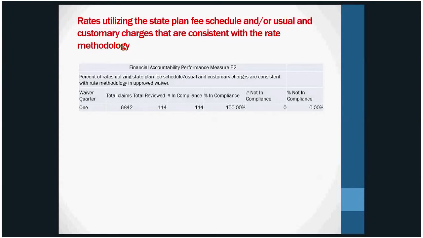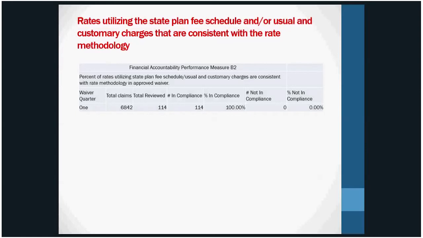The other thing that we are required to look at for this one, though, is the rates that would be on the state plan fee schedule. We need to ensure that, number one, they're authorized services, but number two, that if the waiver pays for something that is on the state plan fee schedule, that number one, the DME process was followed, and number two, if it was, that the waiver would not pay more than what's on the state fee schedule.